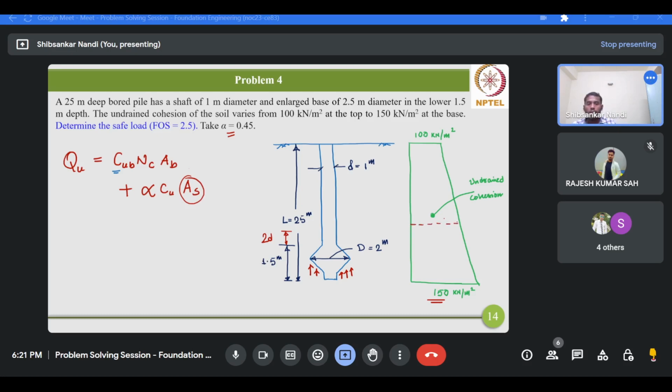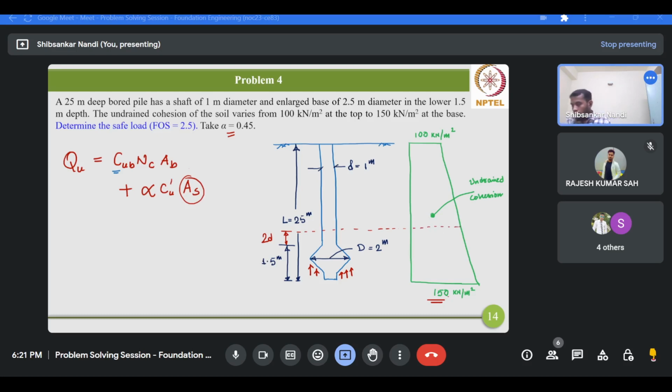So this will be Cu prime, the average of this value, 100 at the top, and the value corresponding to this level. This value we don't know, so we have to calculate it considering a linear interpolation between the top level and the tip level.